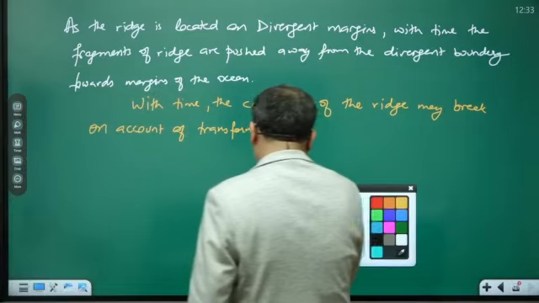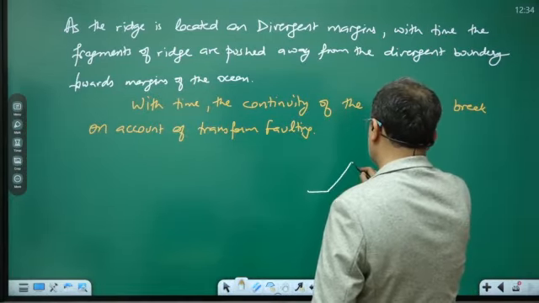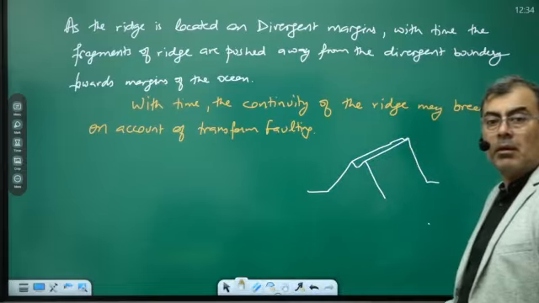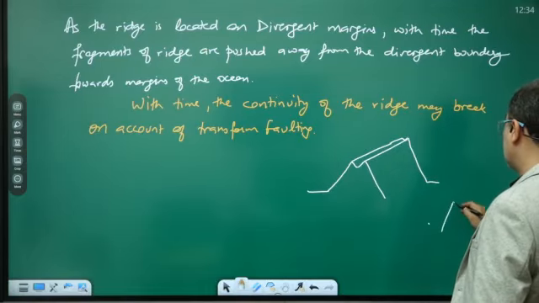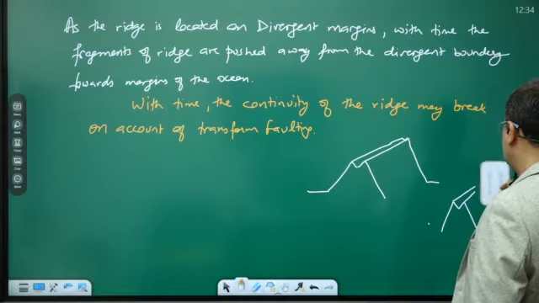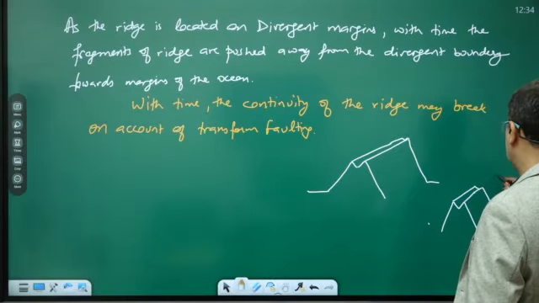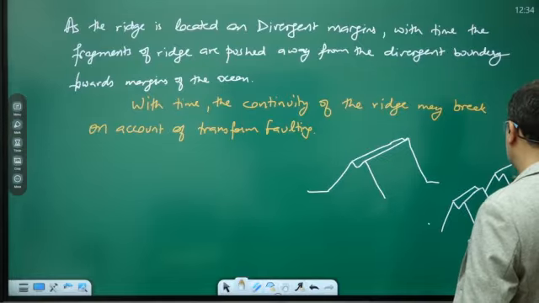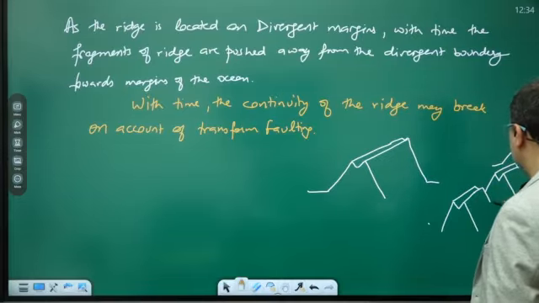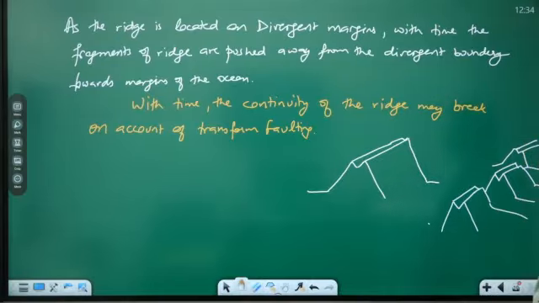सर ये समझ नहीं आया, बना के दिखाता हूँ. This is the ridge. With time, what will happen? Possible the ridge has broken because of the faulting along this line. So the continuous ridge has come out of it. It has broken down. Yes.